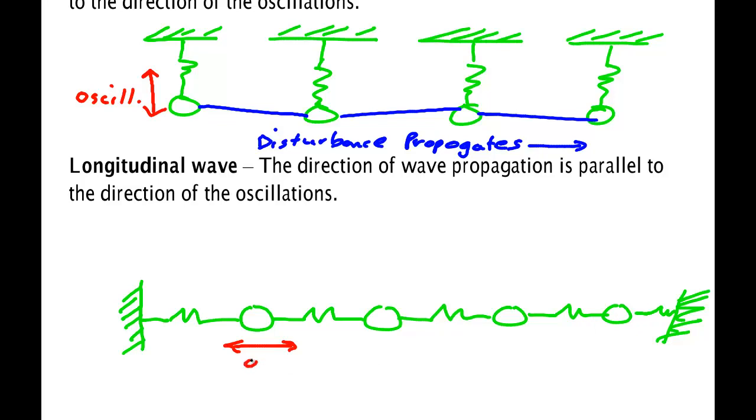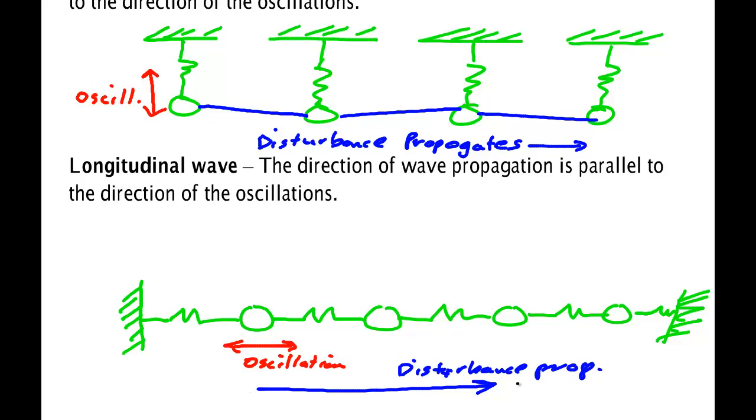So this is the direction of the oscillation of this first oscillator, but his disturbance is propagating parallel to it as it moves from one oscillator to the second oscillator to the third to the fourth. So this is the disturbance propagation.